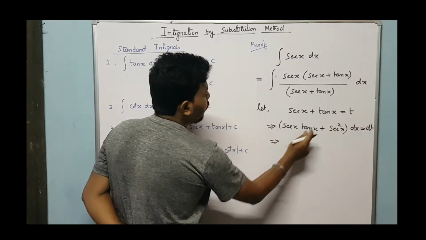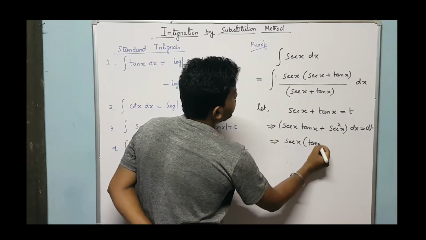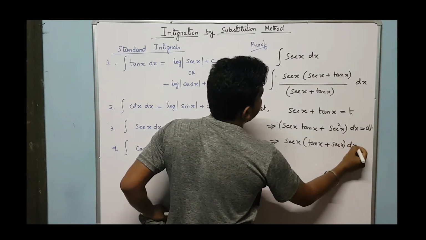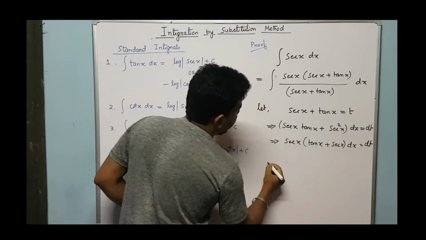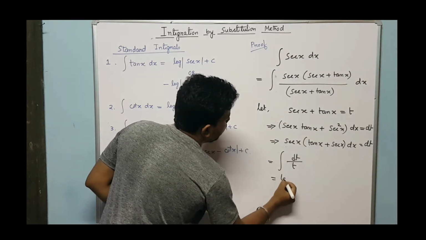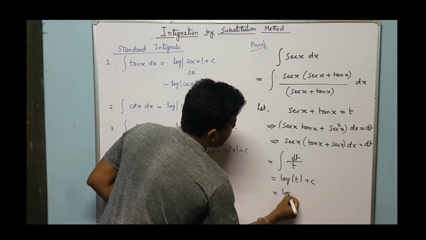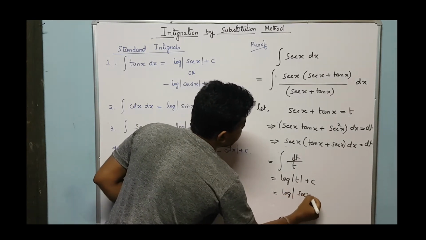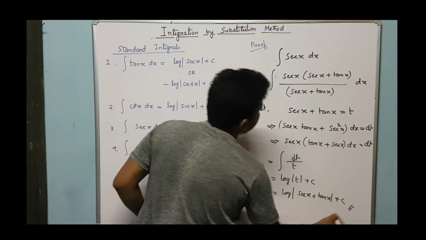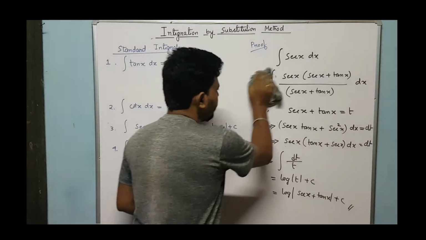So if you take sec x common, it becomes sec x into tan x plus sec x dx is equal to dt. Therefore the integral becomes dt by t, which is log of mod of t plus c. Hence your answer is log of mod of sec x plus tan x plus c. This is number 3.